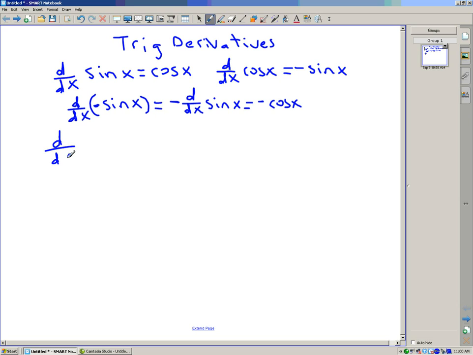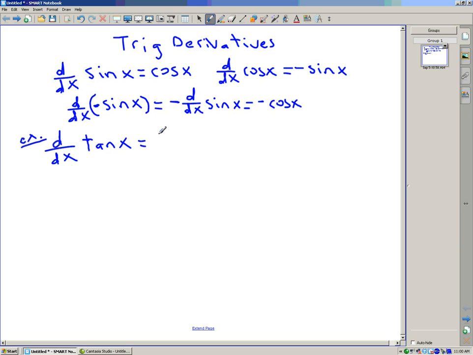Okay, so what we want to do now is find the derivative of a new trig function, the derivative of tangent. We did the quotient rule on Friday, so I'm going to write tangent as a quotient. Does anybody know what that is? Tangent as a quotient? It's just like Blue's Clues. That's right.